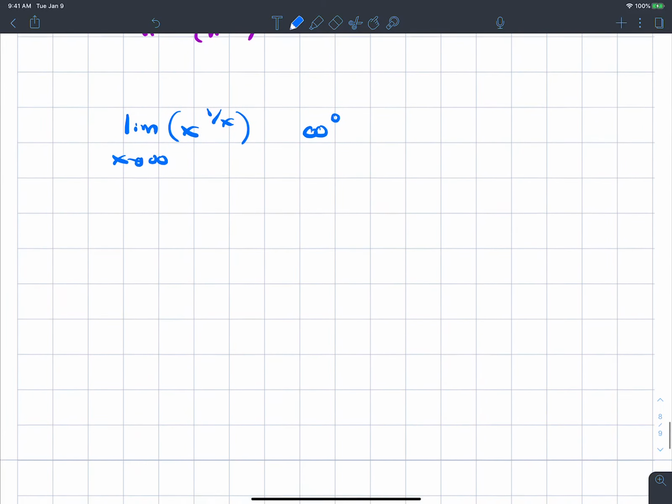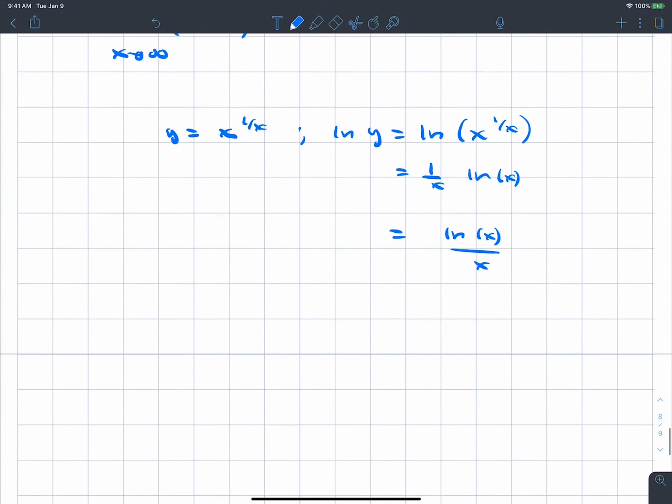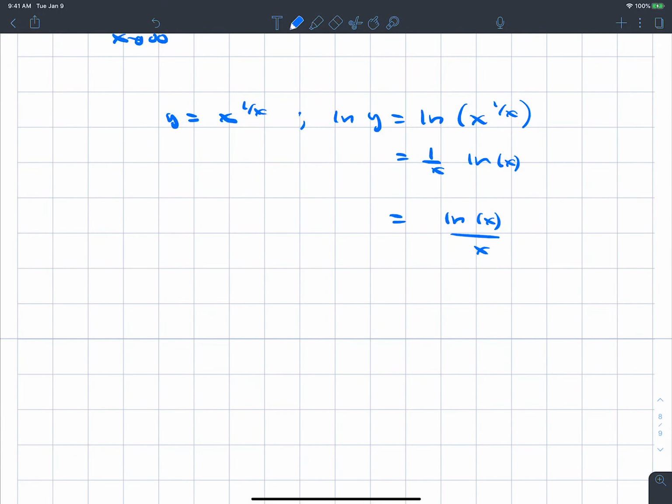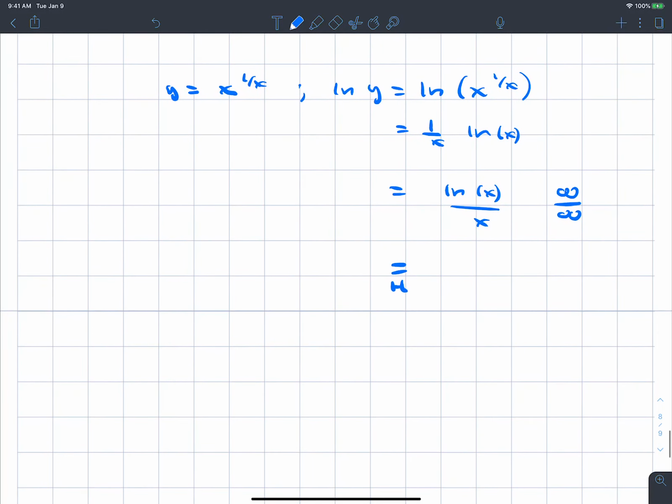So if we work with L'Hopital's rule, we say y is going to be x to the 1 over x, which means natural log y is natural log of x to the 1 over x, which really is 1 over x natural log x, which is natural log x over x. And as x gets big, we get infinity over infinity. We can now apply L'Hopital's rule. So by L'Hopital's rule, this is going to be, let's be careful here. I want to be careful with our notation here.